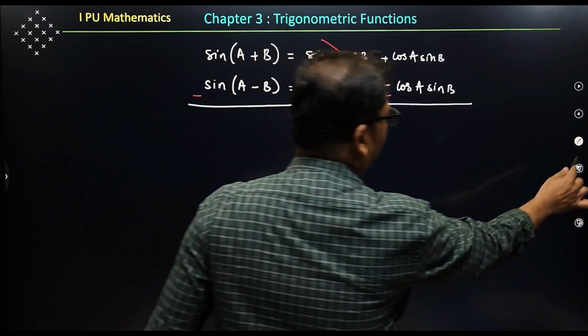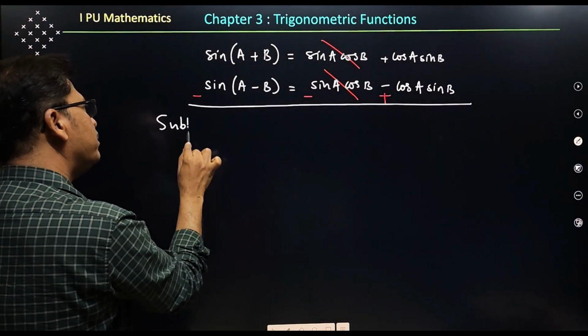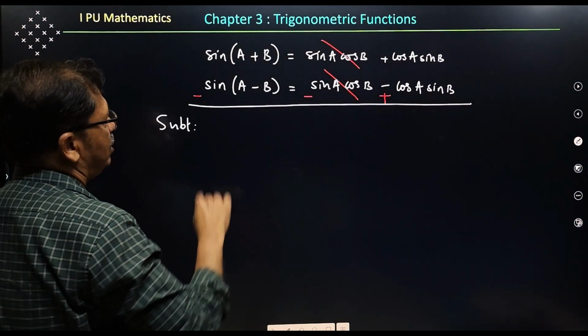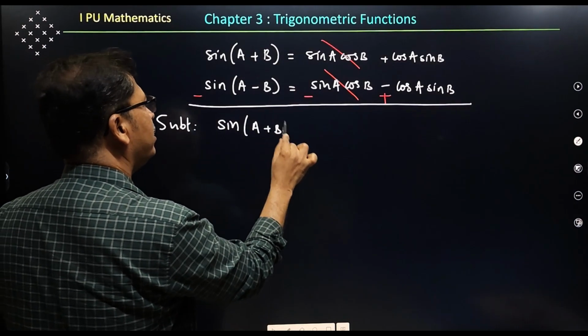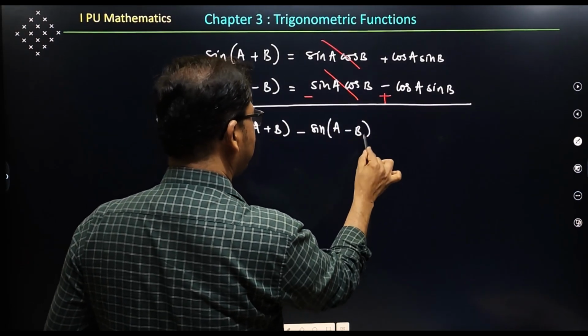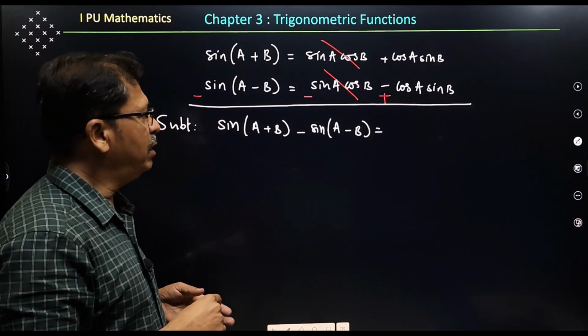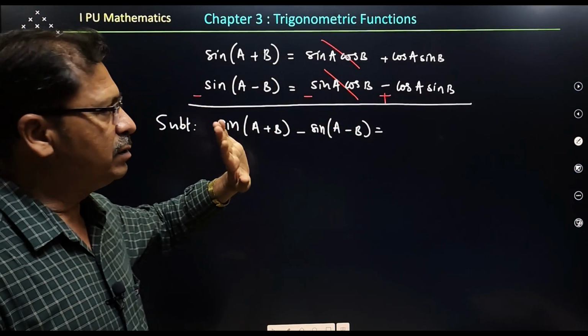By subtraction, sin of a plus b minus sin of a minus b, I have subtracted these two equations. So the left hand side leads to this much. Right hand side, these two have been cancelled.